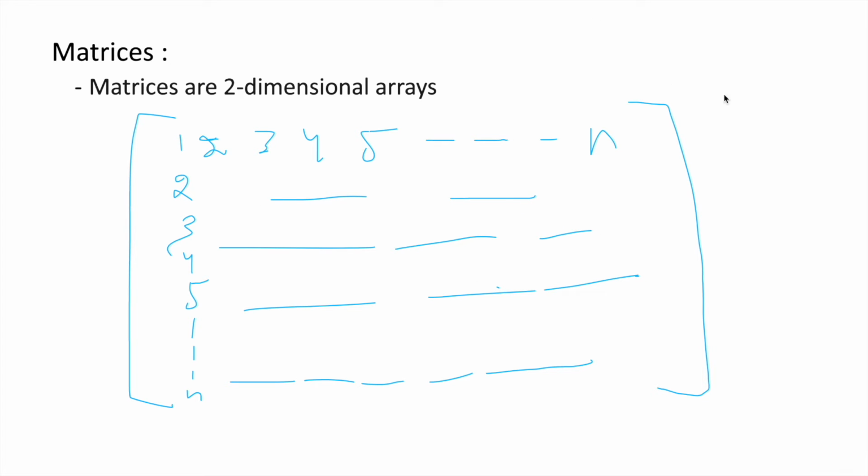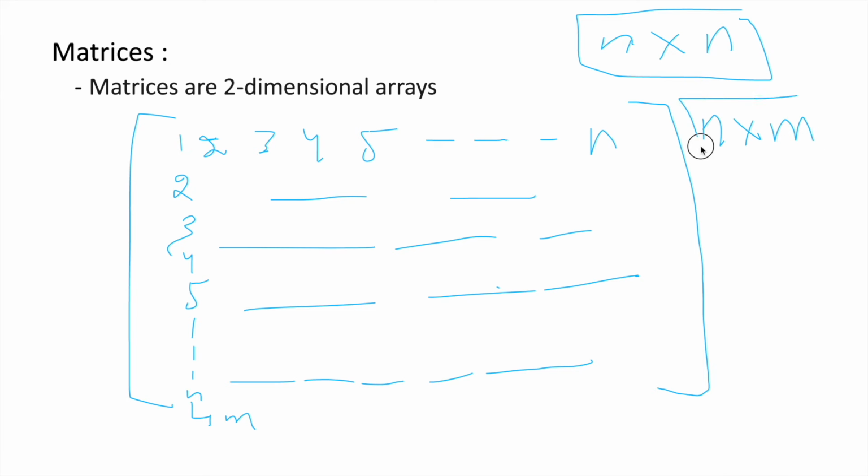So this will be an n cross n dimension array, where n will be the number of rows and n will be the number of columns. Or we can say it is different, like here instead of n it is m, and maybe here also, then we can say it is n cross m.